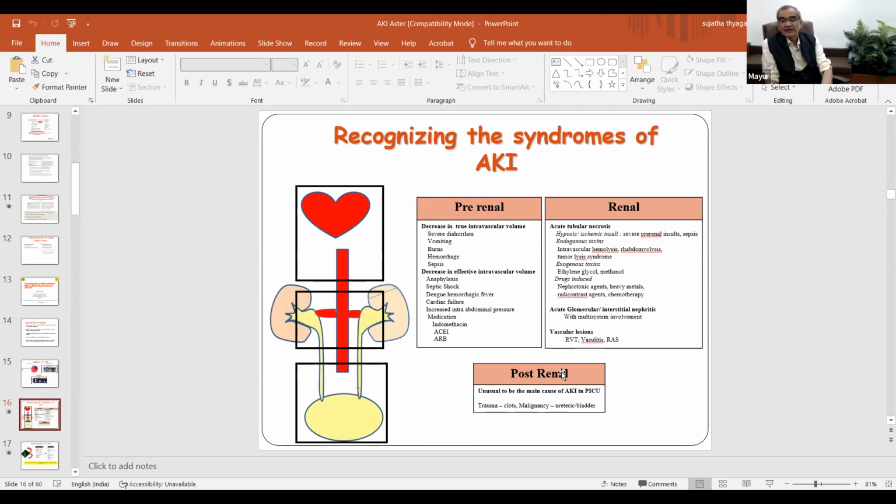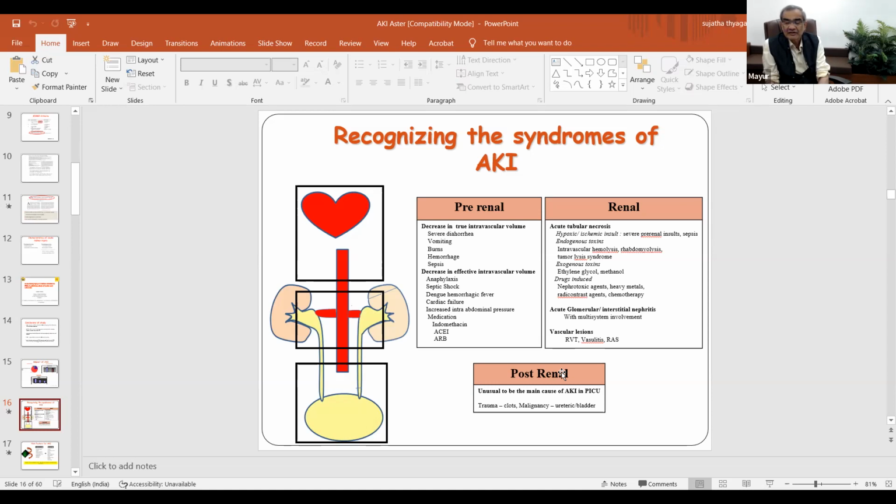So this is the syndrome of AKI, as I said, starting from pre-renal, renal, and post-renal. And the important pre-renal causes would be severe diarrhea, vomiting, burns, hemorrhage, sepsis. And in addition to that, what we often forget or do not take into consideration is decrease in effective intravascular volume. So anaphylactic shock, septic shock, dengue hemorrhagic fever, or there may be capillary leak.